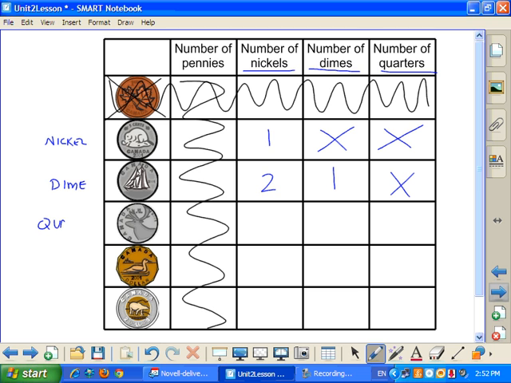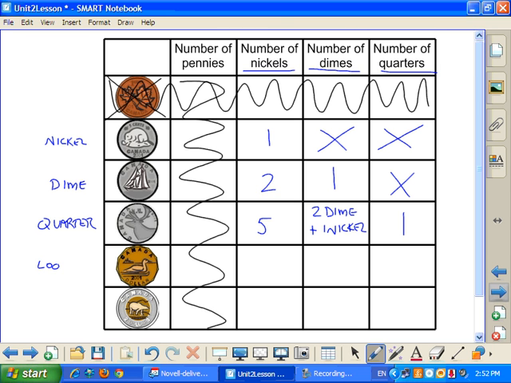Here we have the quarter. The quarter is made up of 5 nickels. You can't really break it into dimes, so we'll call it 2 dimes plus 1 nickel. That's the best we can do. And number of quarters, 1 quarter.